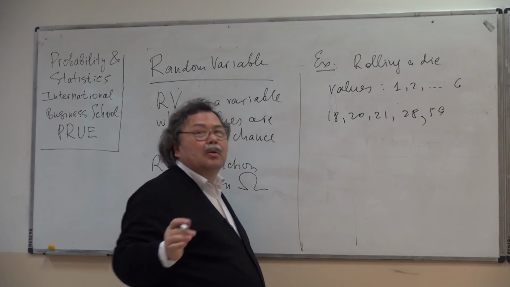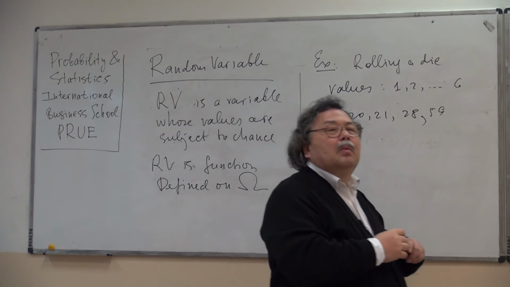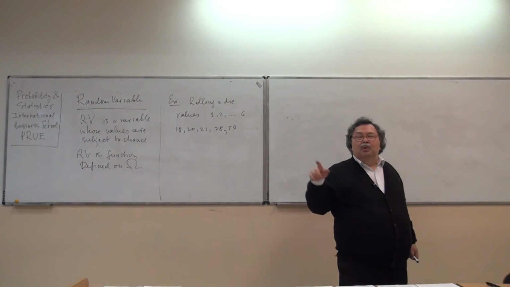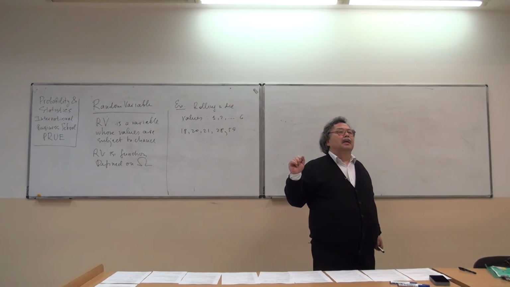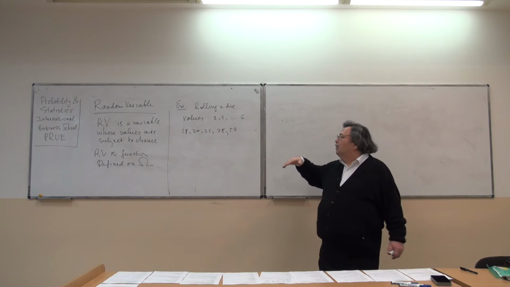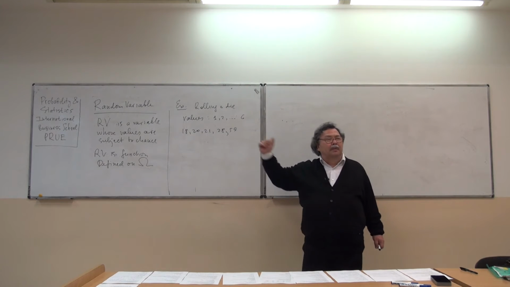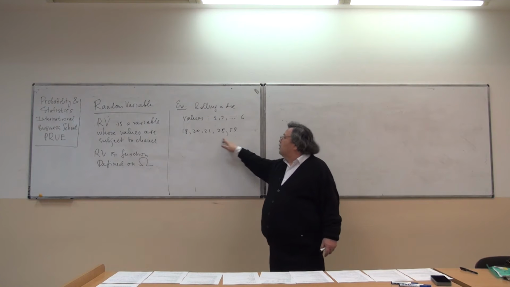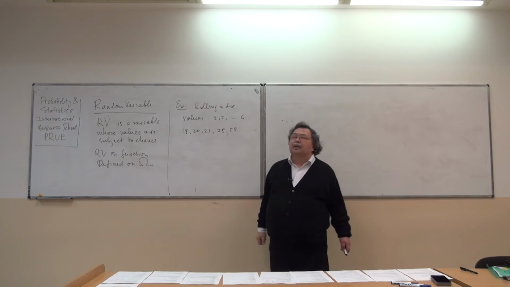And that's it. No other possible values. What do I mean to say by this example? The number of possible outcomes here is equal to the number of people present in this room. But the number of possible values of the random variable defined in this way is much smaller. It's only five different values.